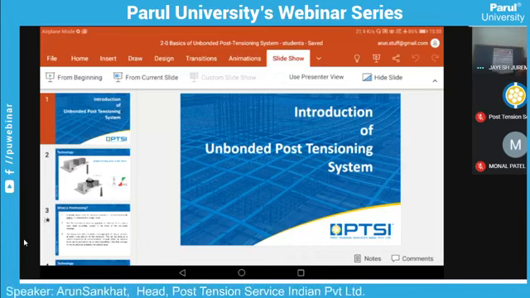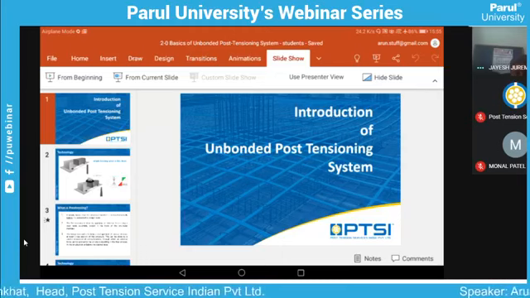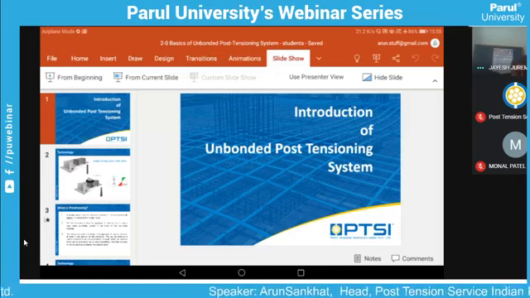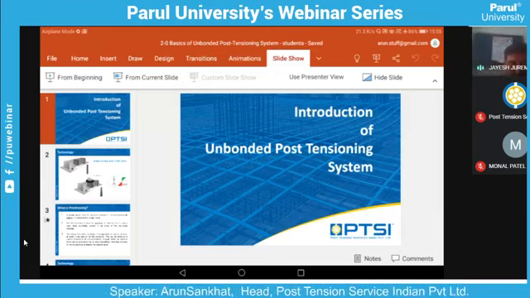Here the cable is also flexible, and the anchorage systems are individually accommodated. So everything is flexible here. As such, there is no difficulty in laying the cable.